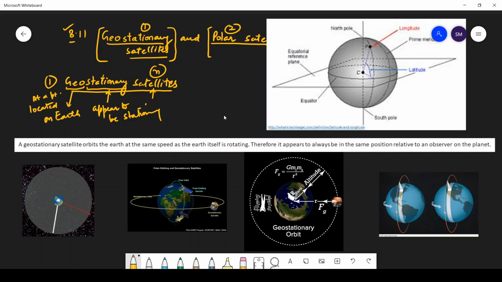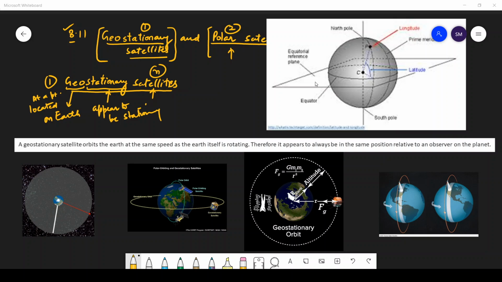So students, what are polar satellites now? Polar satellites, you can also say them polar orbiting satellites. They circle the globe from North Pole to South Pole.